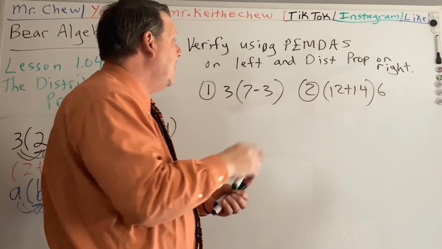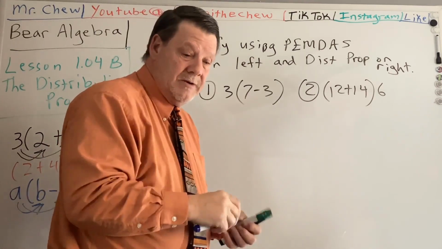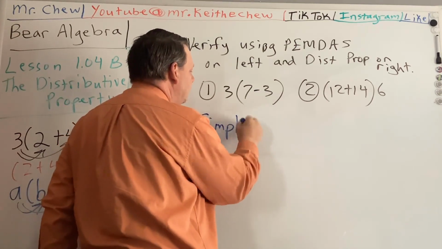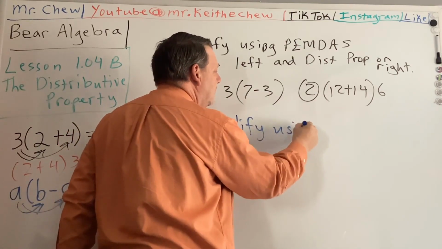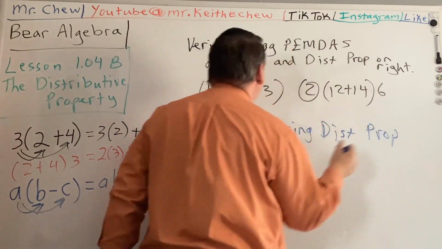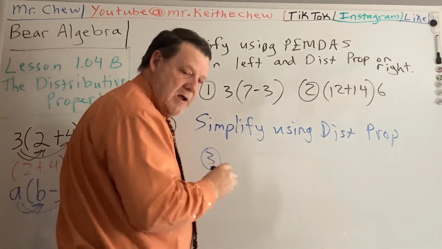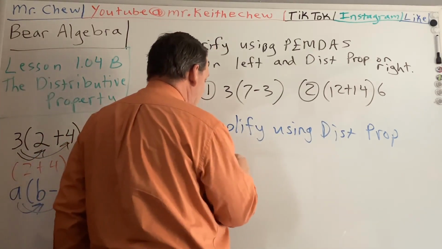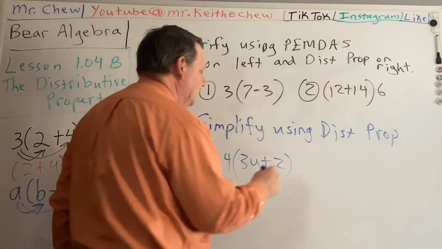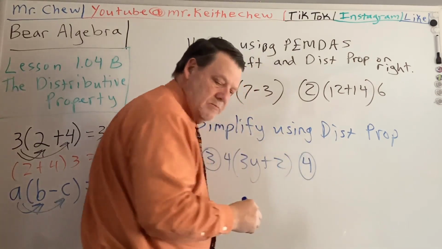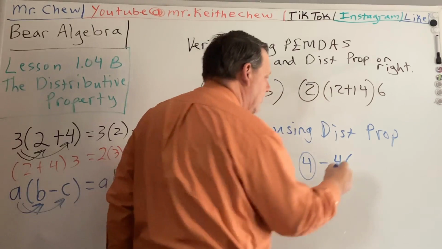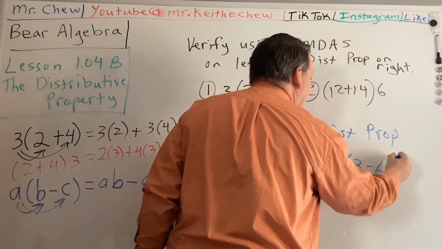Then we will have 2 problems where you just simplify using the distributive property. That'll be number 3, which is 4 times 3y plus 2. Then number 4 will be negative 4 times 3 minus 6x.